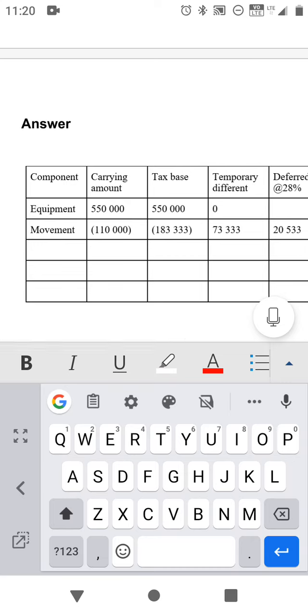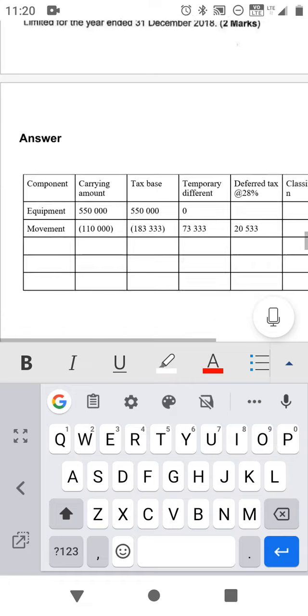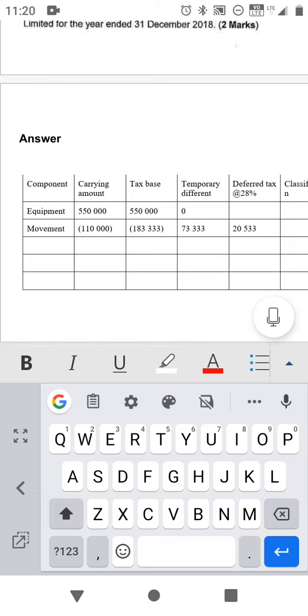Okay, they calculated the wear and tear of 183. In other words, they deducted more expense because wear and tear is an expense.